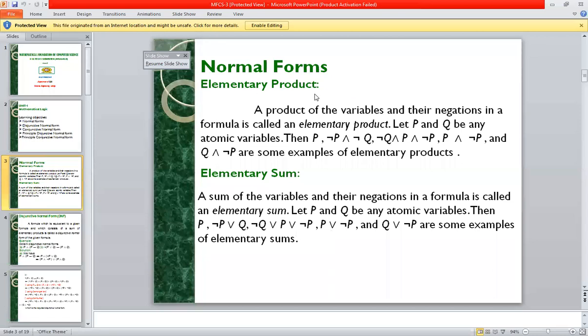So an elementary product means a product of the variables and their negations in a formula.